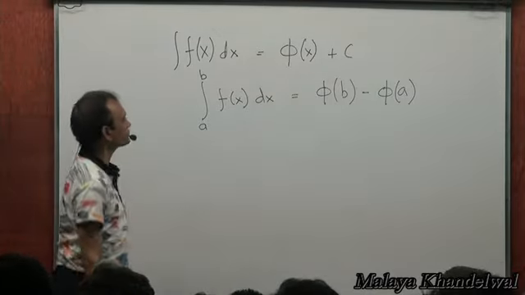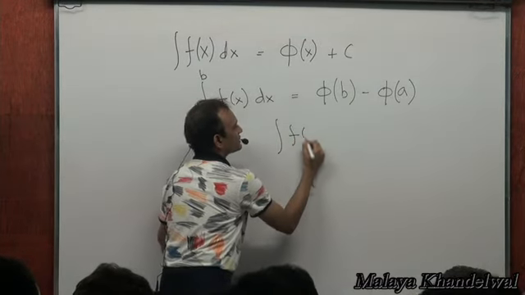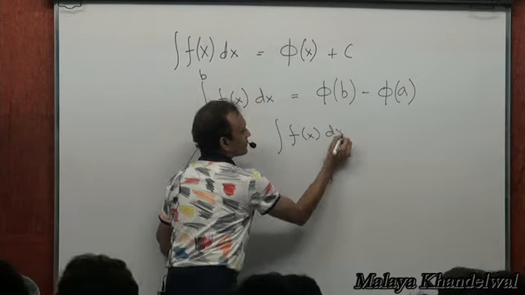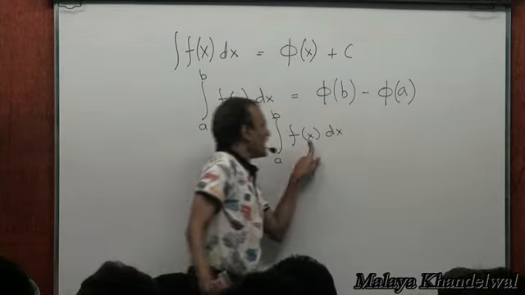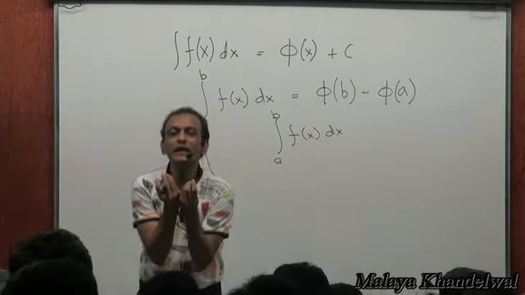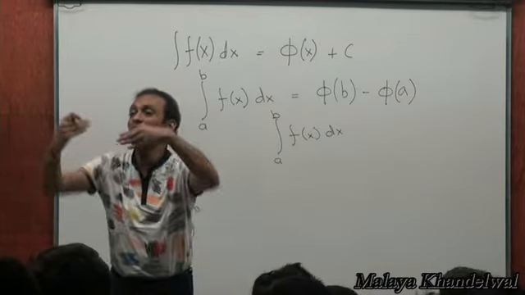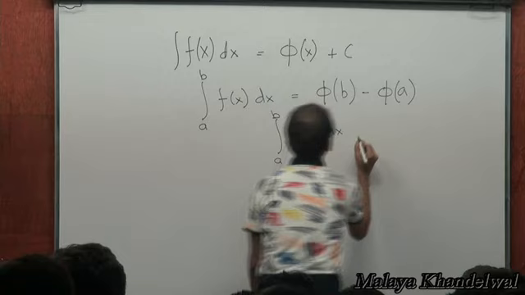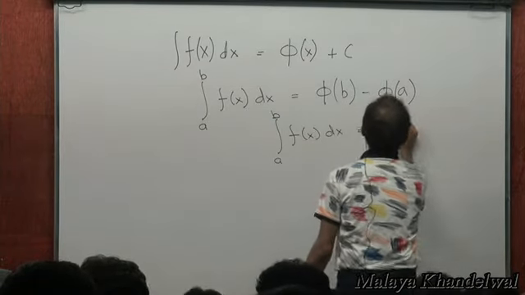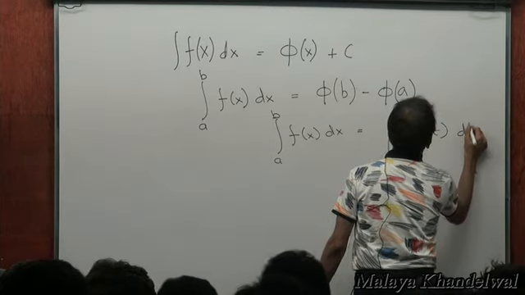Also, in integral f(x) dx from a to b, this x that appears here is only temporary. It will get dissolved the moment you supply the limits. Therefore, integral f(x) dx from a to b is the same as integral f(t) dt from a to b.